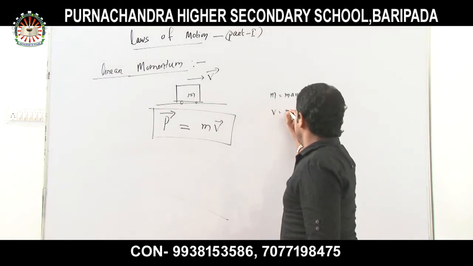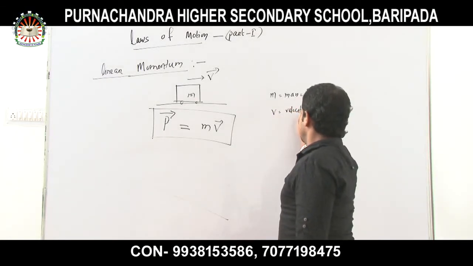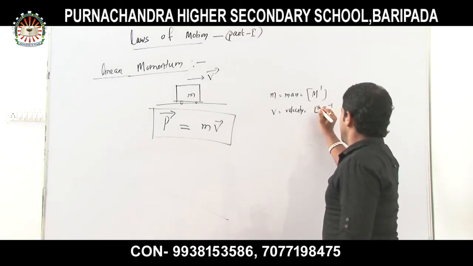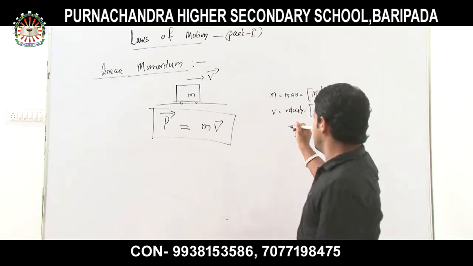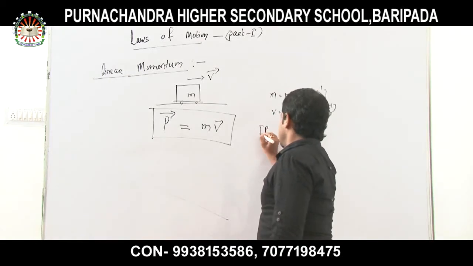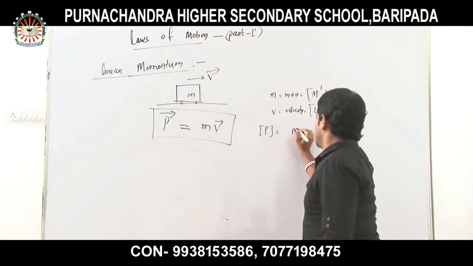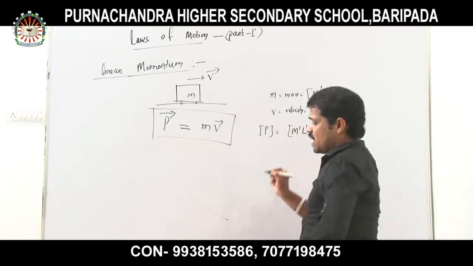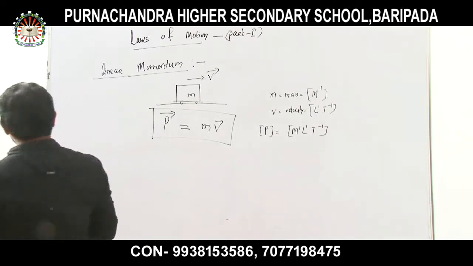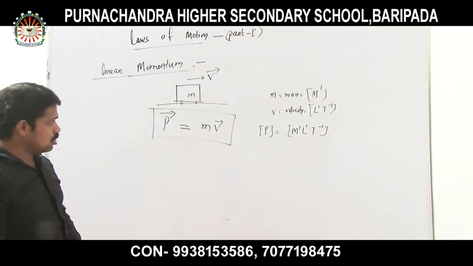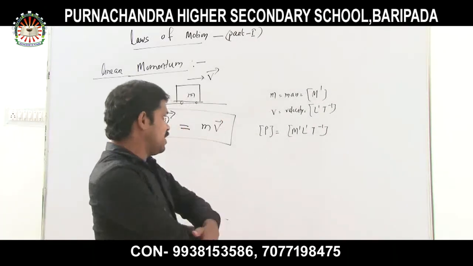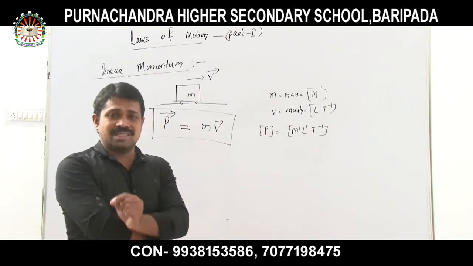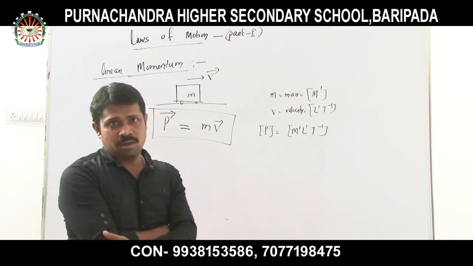Then velocity: the dimensional formula of velocity all of you know, that is L^1 T^-1. So if I combine it, the dimensional formula of momentum becomes M^1 L^1 T^-1. This is the dimensional formula of momentum. Momentum is a vector quantity. Clear? And it has very important significance for an object.